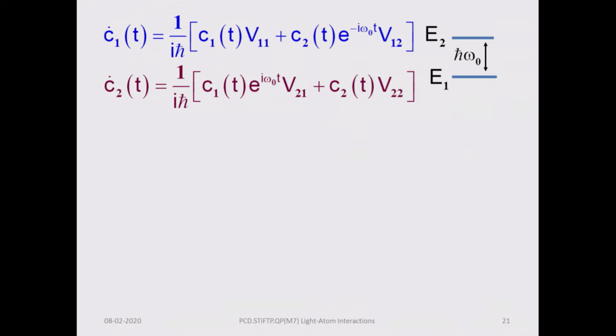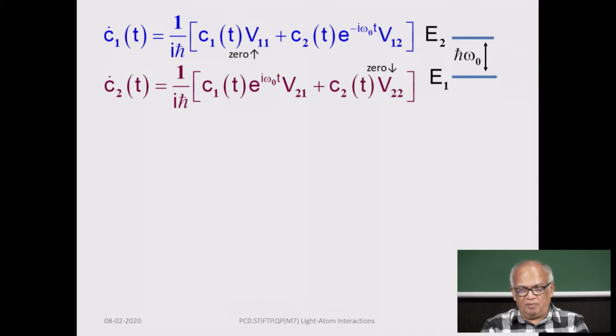So, what does it mean? It means that V11 and V22 would be 0. There will be no transition from S to S, for example, or P to P. You have a dipole transition from S to P and P to S, but not S to S and P to P orbitals. So, V11 and V22 would be 0.